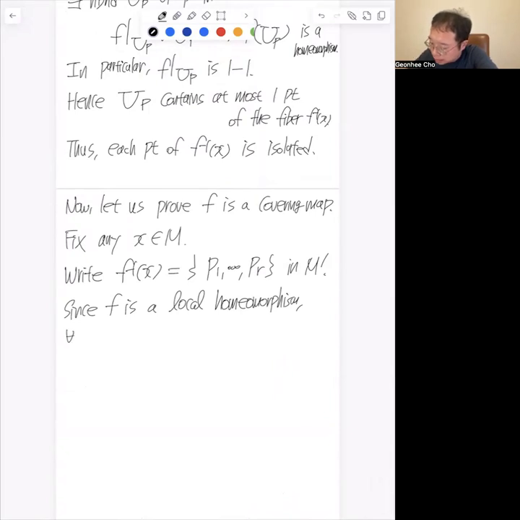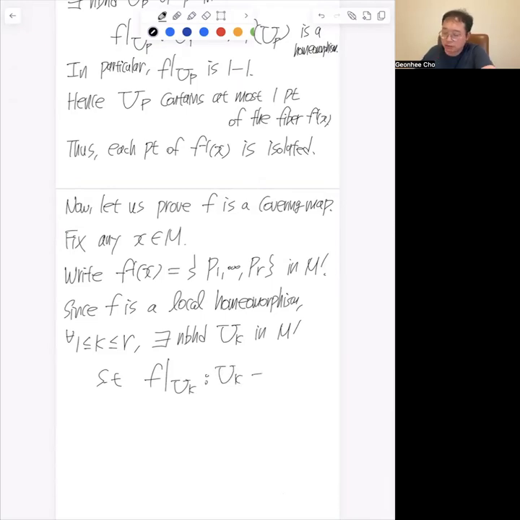So for each point p_k, k from 1 to r, we are able to find a small neighborhood, let me say U_k in M', such that F restricted to U_k, from U_k to, let me call it V_k, is a homeomorphism.